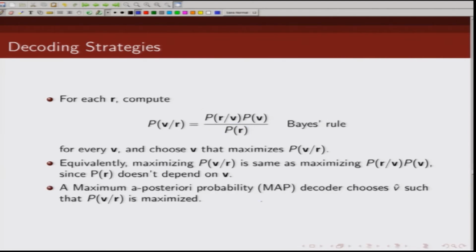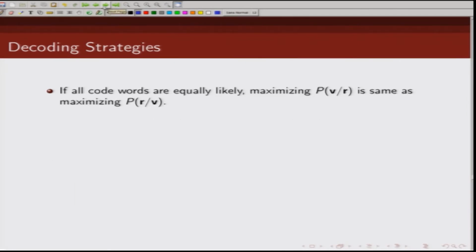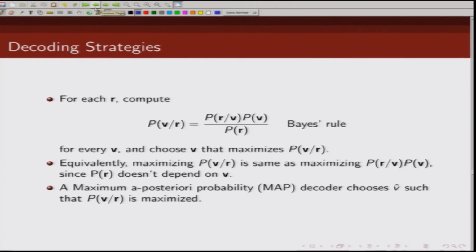And a MAP decoder, a maximum a posteriori probability decoder, is the one which will do exactly that. It will choose a V hat such that this probability is maximized. Now, what happens if all code words are equally likely? Then look at this term, the probability of V will be the same.